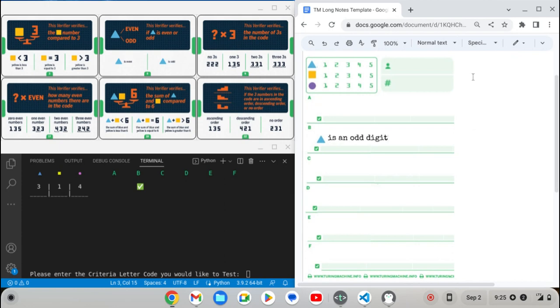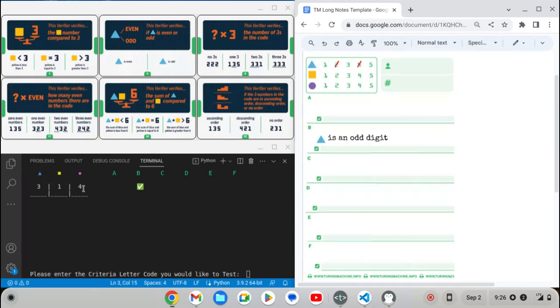And because it's odd, that means I can cross out all the evens. So let's cross out the 2 and the 4. So we've already established that we have at least one odd. We do have this criteria card that will let us know how many evens there are. So currently I do have 1 in my proposal.